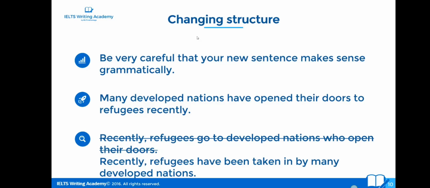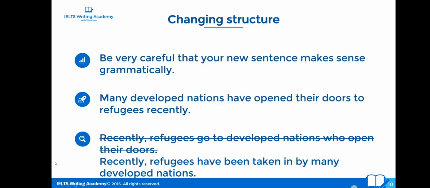What they've done is flipped the structure around, but they haven't really paid attention to the grammar. Instead, we could use something like, recently refugees have been taken in by many developed nations. The first one is not correct because the grammar is not correct. The second one is correct because the grammar is correct.